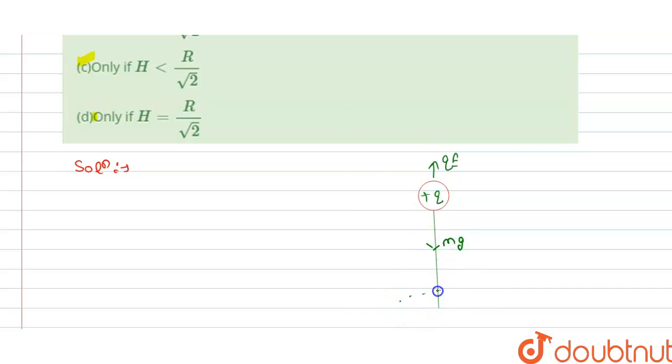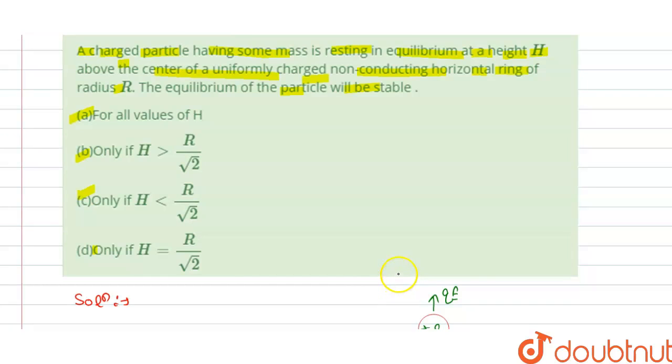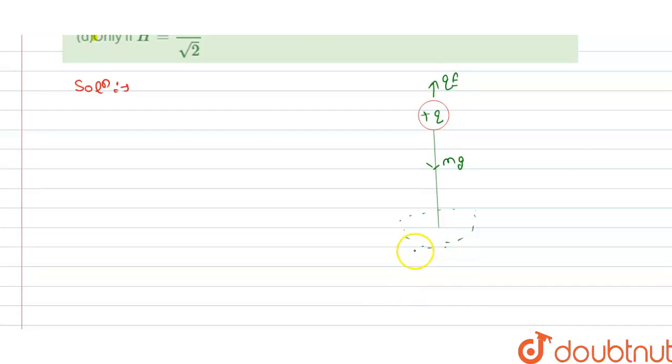and here we have the uniformly charged ring in equilibrium.